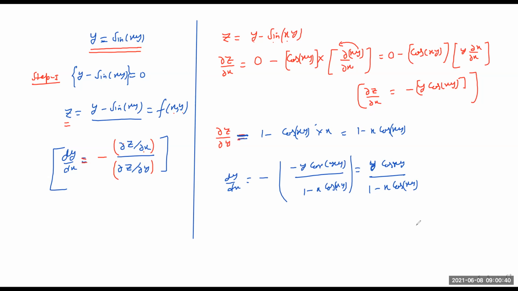The first step is to bring everything on one side and call it z, whatever you would say. Then you differentiate with x, assuming every y is constant, a number. Repeat the same process with y, and then take the ratio as per the formula. So you have to try this because this is very, very important.